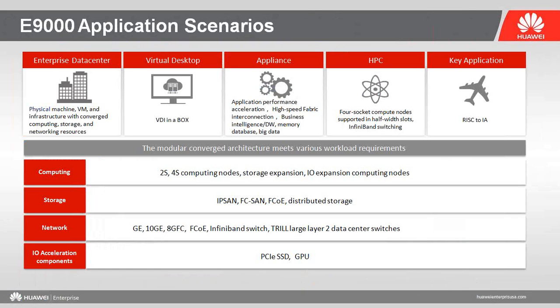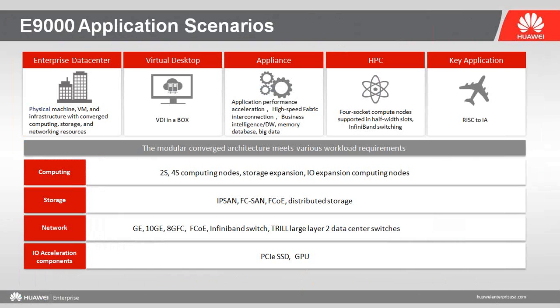So again, just a brief synopsis, these are data center servers in the E9000 converged infrastructure, VDI in a box. It could be an appliance server, high performance compute nodes all the way to 4-socket, or doing database risk to Intel architecture migrations and having a database there as well.